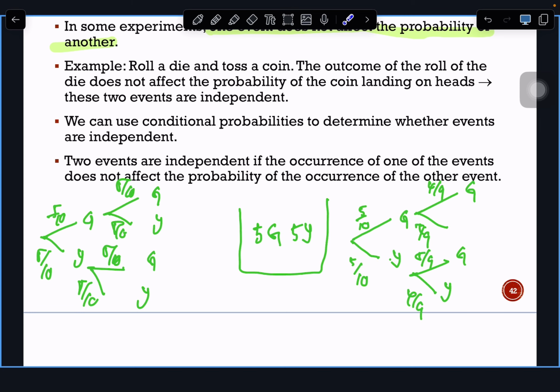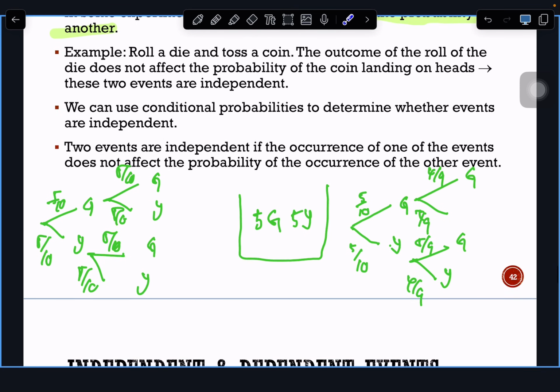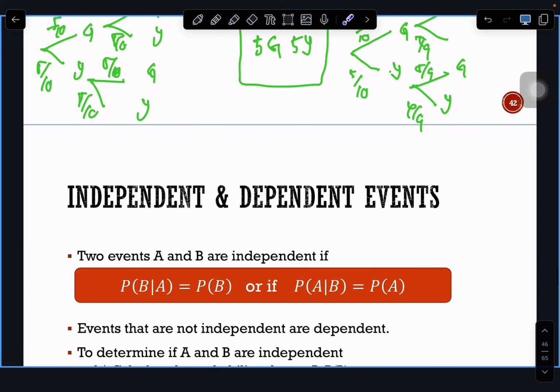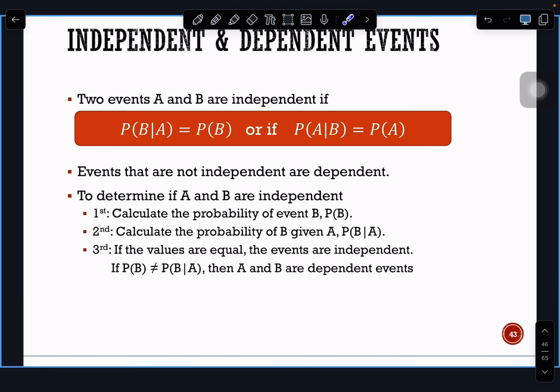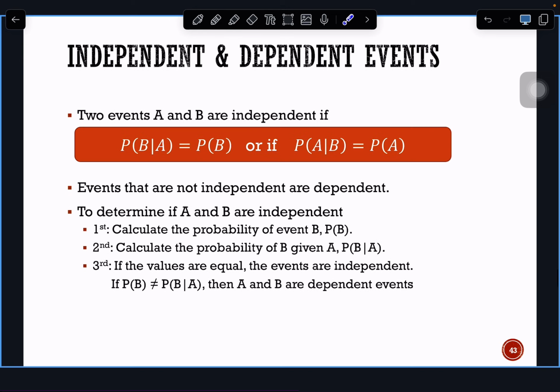That one is in terms of explanations. In terms of formula, this one is conditional, right? P(B given A) or P(A given B) here. If the events are independent, then we don't have to apply the formula. Straight away we write P(B), straight away we write P(A).